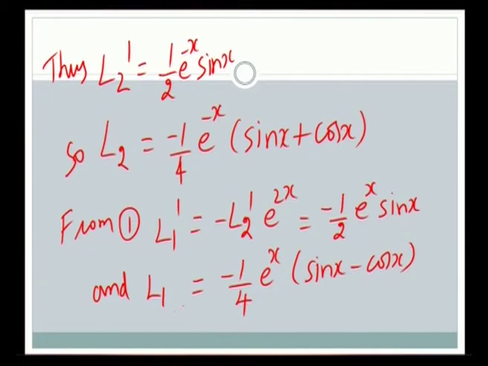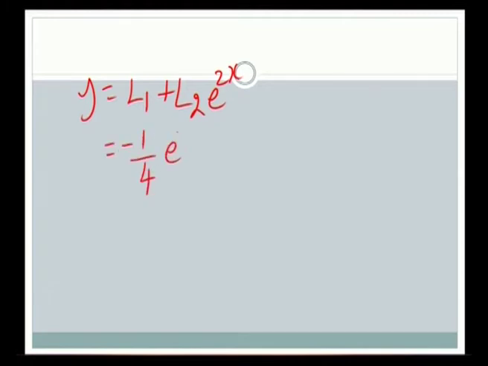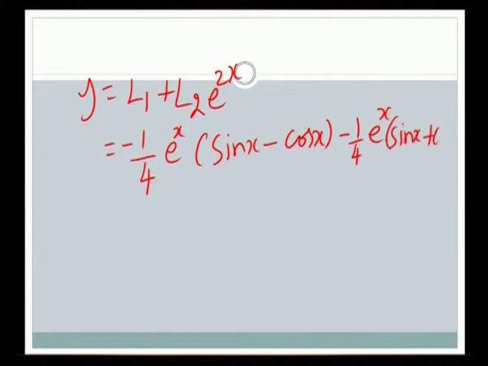So, a particular integral of the given equation is y is equal to L1 plus L2 into e power 2x, which is equal to minus 1 by 4 e power x (sin x minus cos x) minus 1 by 4 e power x (sin x plus cos x). By simplification we will get minus 1 by 2 e power x sin x.